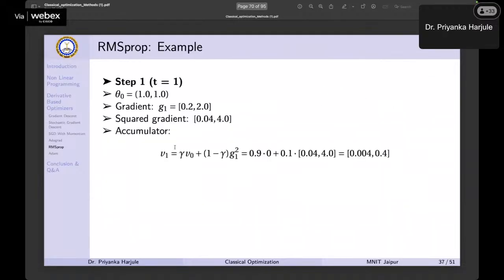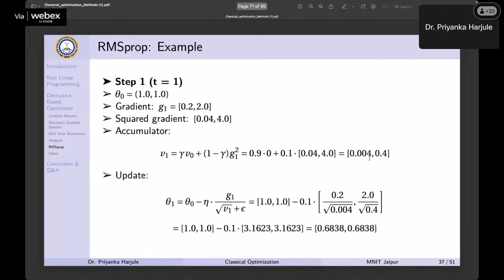We took the decay constant as 0.9, and we have assumed nu naught to be 0, plus 1 minus 0.9 times the square of the gradient. Because this is an element-wise multiplication, we get this to be 0.004 comma 0.4.